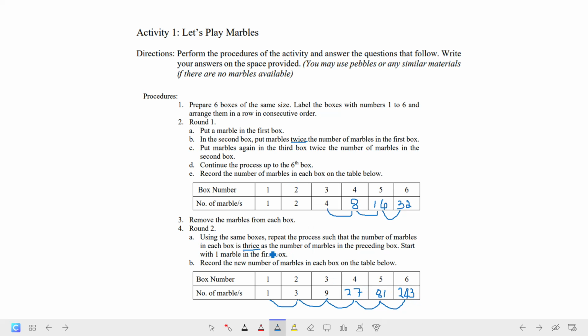Okay, so what does it mean? The thrice and twice in geometric sequence, this is called the common ratio. All right, so for you to understand, common ratio is the common number that we multiplied to the first term.